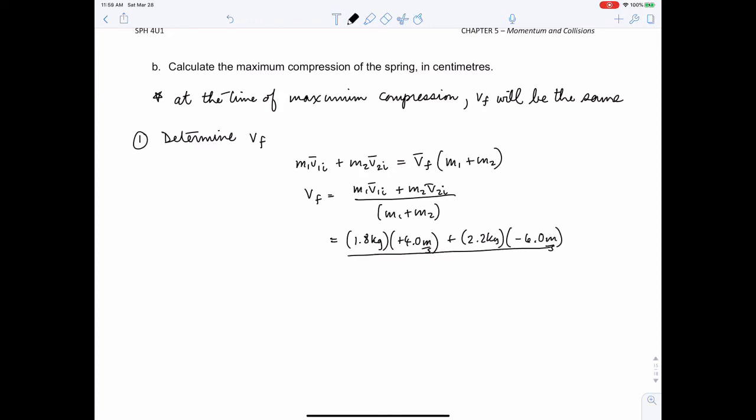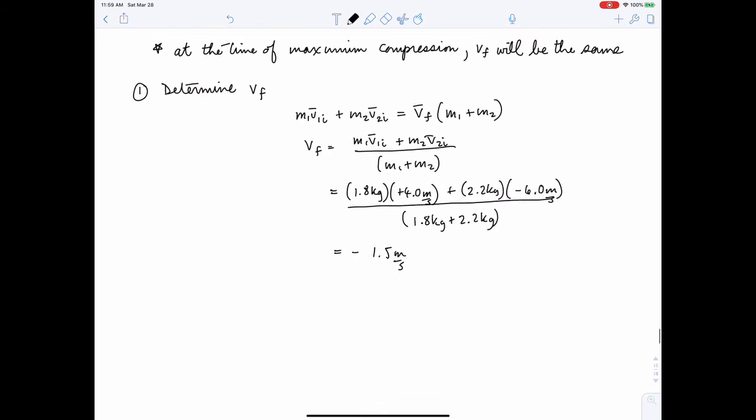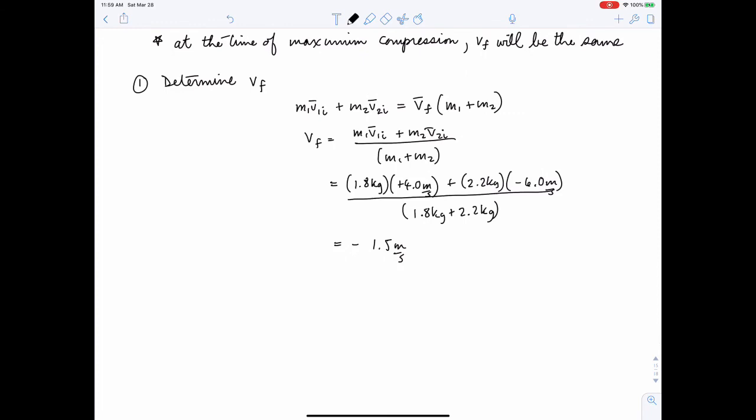Remember, 4 is east and 6 is west, divided by 1.8 kilograms plus 2.2 kilograms. Punch this all into our calculator, and we end up with negative 1.5 meters per second. That's the final velocity of these 2 objects during maximum compression.